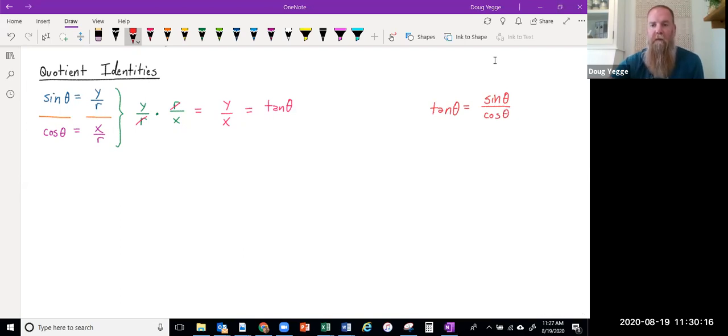And what's really cool about this is that we're going to be able to replace tangent theta with sine theta over cosine theta. Or if we ever see sine theta over cosine theta, we could replace it with tangent theta. Now, what if we were to flip these around and take cosine theta and divide by sine theta?